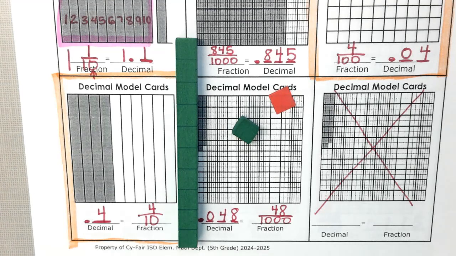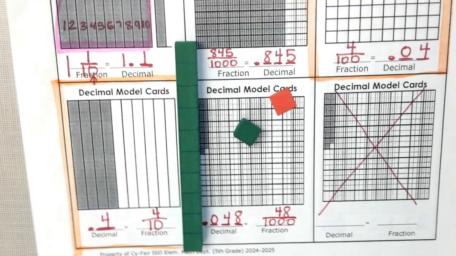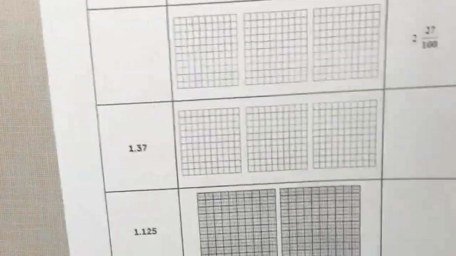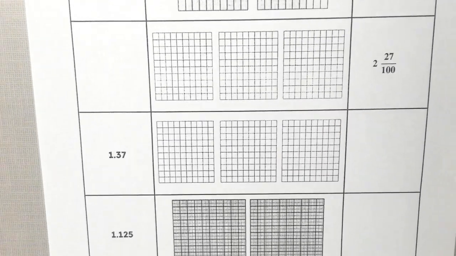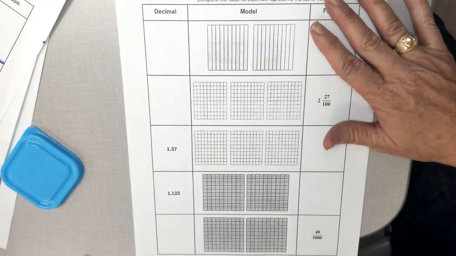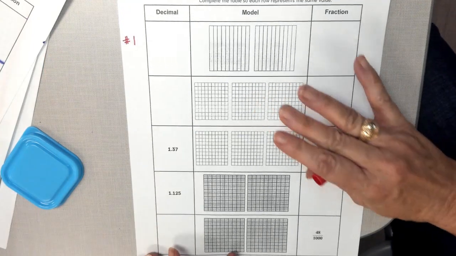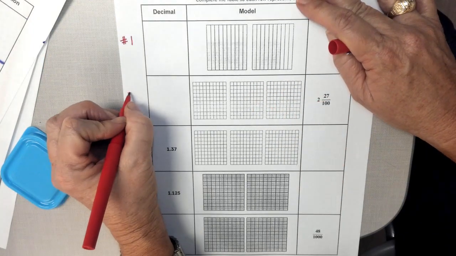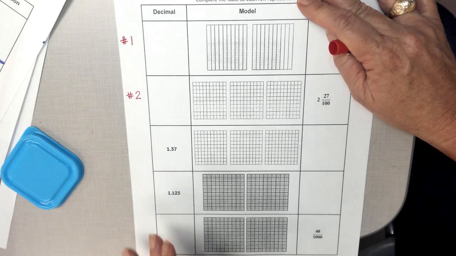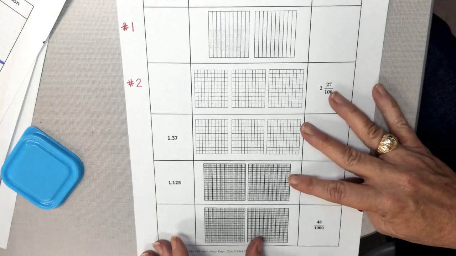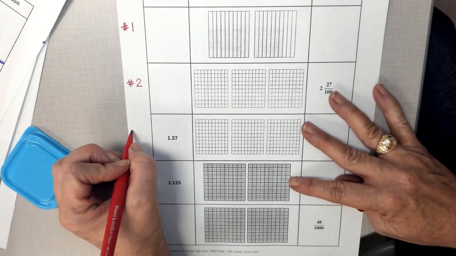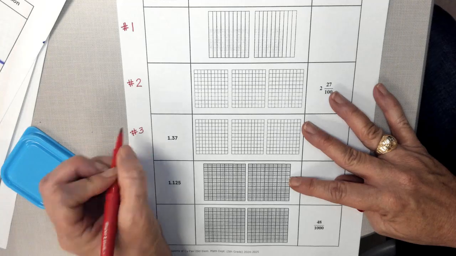I would highly encourage you to look. I'm going to put some numbers over here so it makes it easier for us to talk about and communicate. Let's call this problem number 1. Let's call this problem number 2. Let's call this problem number 3.